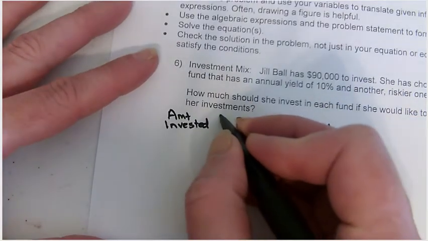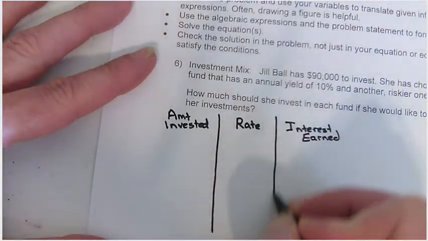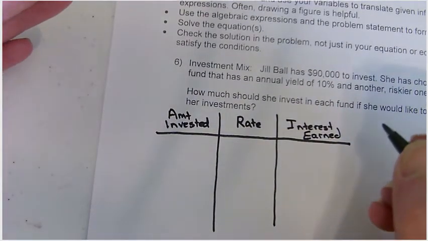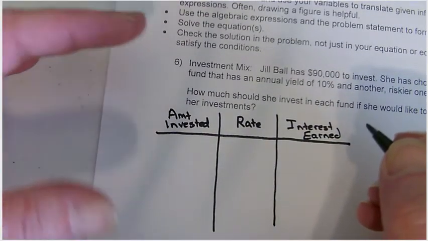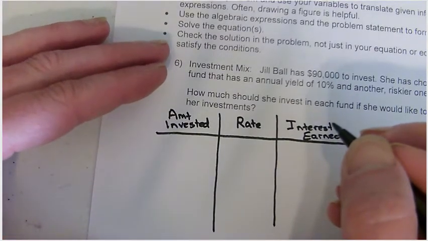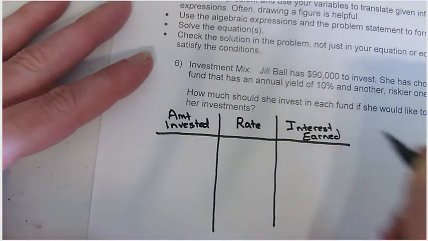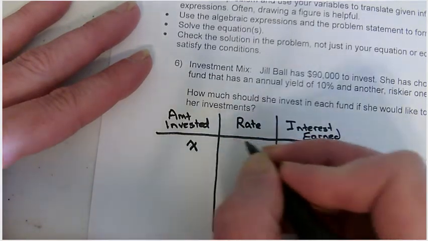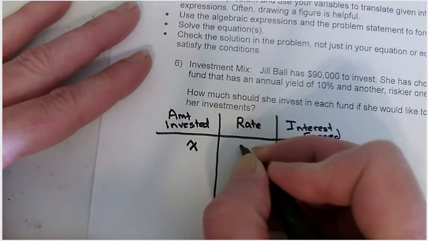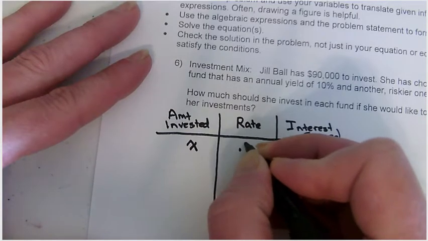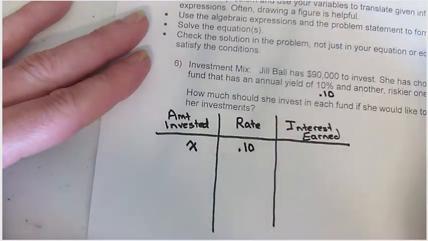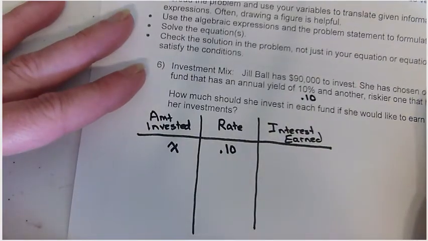Okay, so let's just break this down. So the amount that she's investing, let's say X is the one that she's investing at the 10%. So I'm going to change that to 0.10, 10%. 10% is 0.10. 15% would be 0.15.